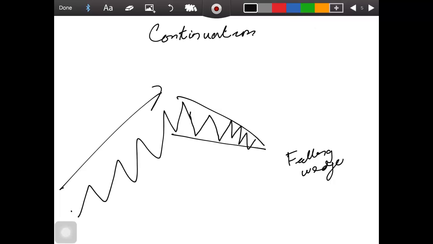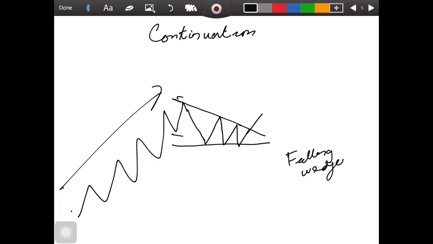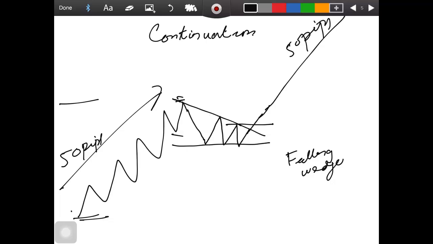Okay, and so we are waiting for the break of this trend line and break above the previous resistance there, and we can say, okay, this is a possible continuation, expecting that, for example, if the movement from here to here was 50 pips, you can expect that once price goes above the previous high, you should see at least minimum 50 pips.